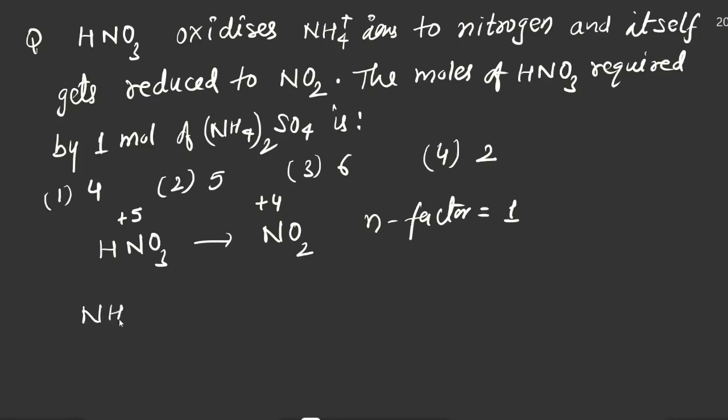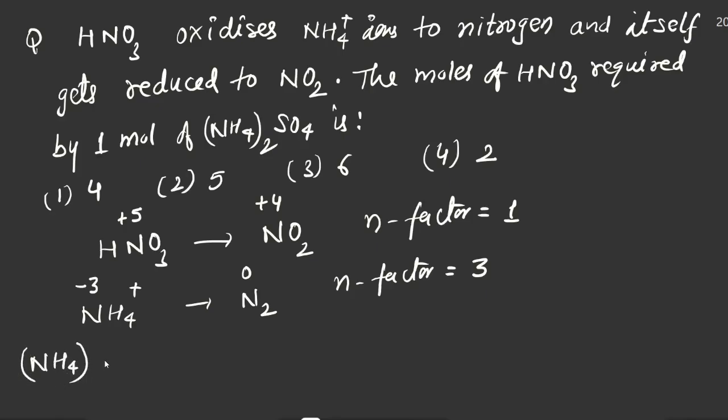In the case of NH4 plus to N2, the oxidation number of nitrogen is -3 to 0. Nitrogen is not in the picture. We have NH4 plus, but here it is NH4 twice SO4, then its N factor is 6, not because of N2, but because in ammonium sulfate there are two.